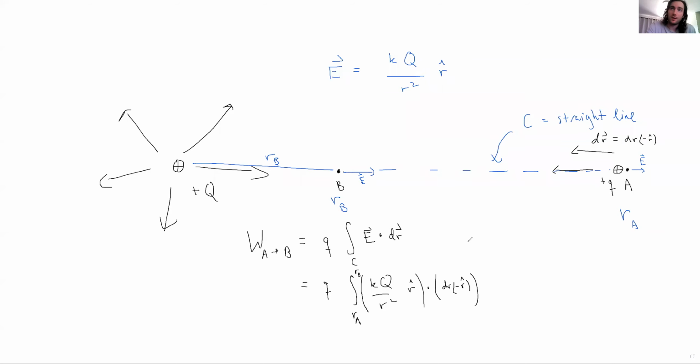All right, dot products. R hat dot product R hat. What do we get? Right, we get 1, right? But we have a minus sign here. We gotta keep track of that minus sign.